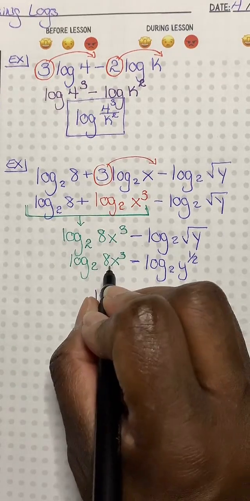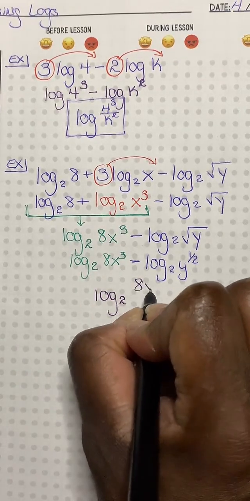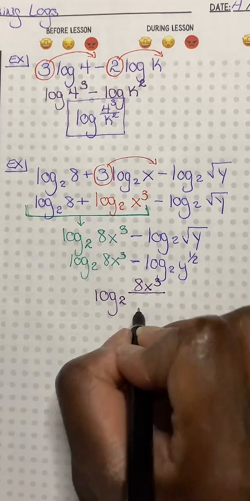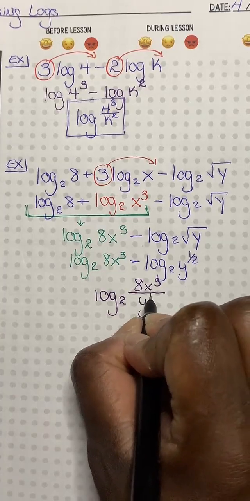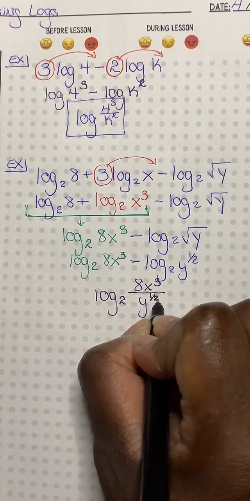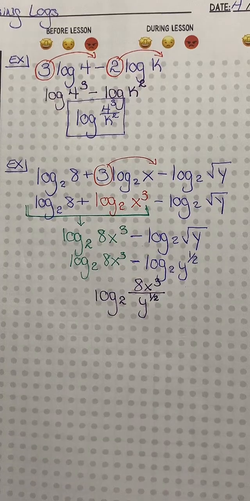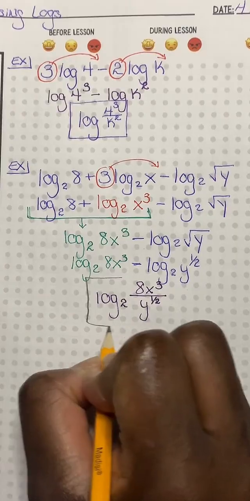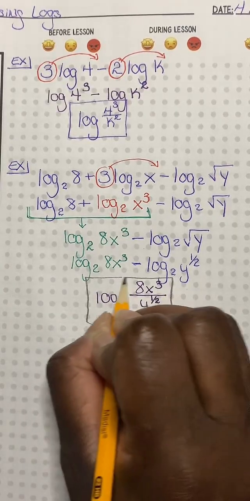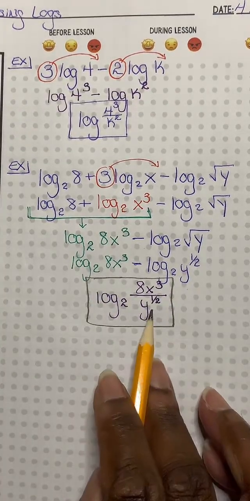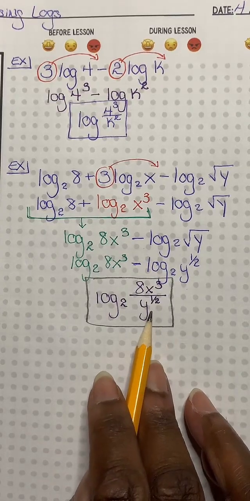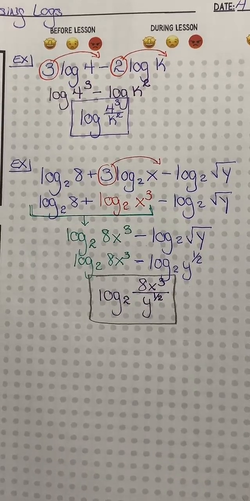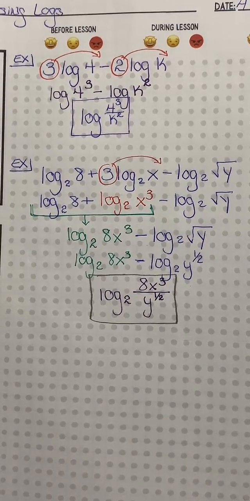Your numerator is going to be the first, which is my 8x cubed, over my denominator, which will be my y raised to the 1/2. And you can leave your answer just like this. Depending on testing, you might see it as a 1/2. Some places actually will keep it as a square root. So there are options, okay? It depends on the test.